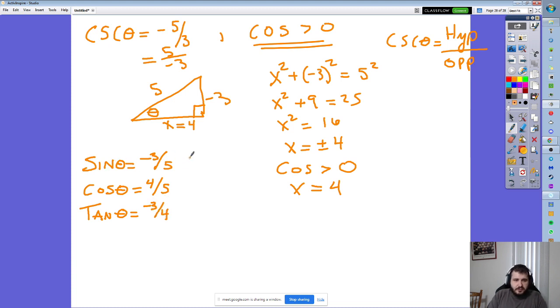The flip of sine is cosecant. So we got negative 5/3. The flip of cosine is secant. So it's 5/4. And the flip of tangent is cotangent. So it's negative 4/3.